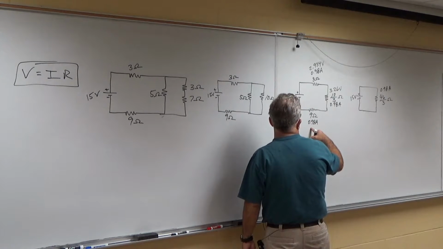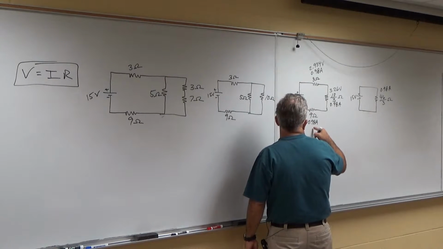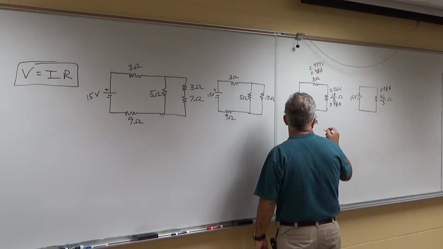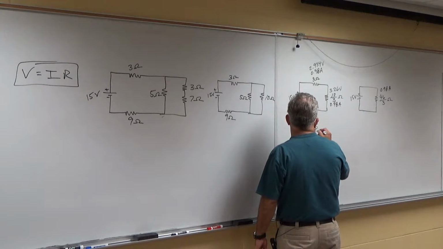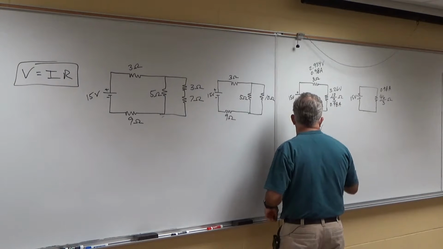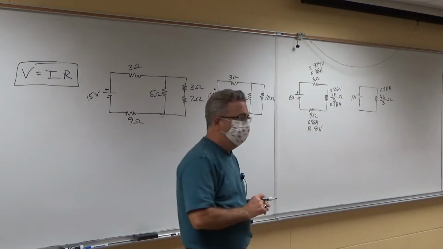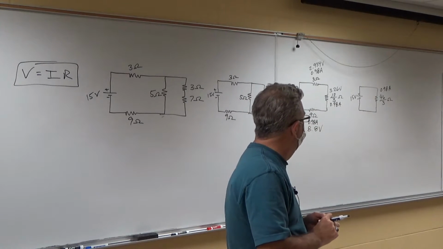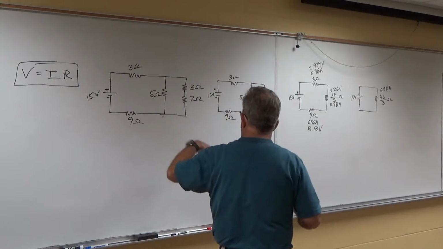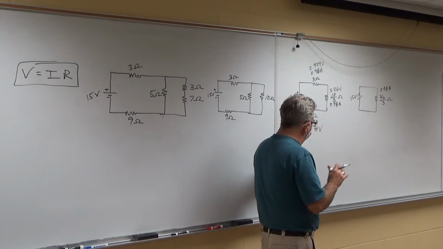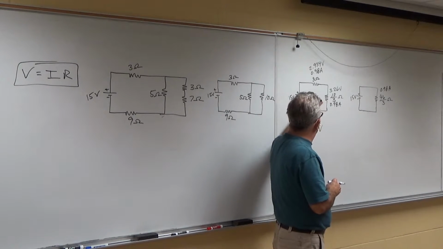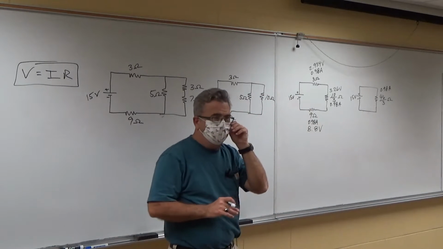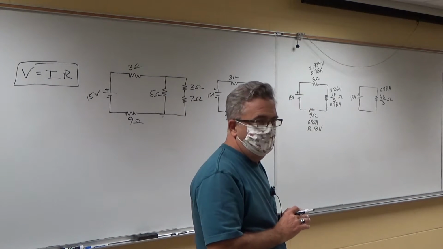Whatever's left over, 8.8 volts, good enough. Okay. Well, I'm finished with the 3 and the 9, but I know the voltage, I know the current. No more work to do with the 3 and the 9 as far as what we're doing.